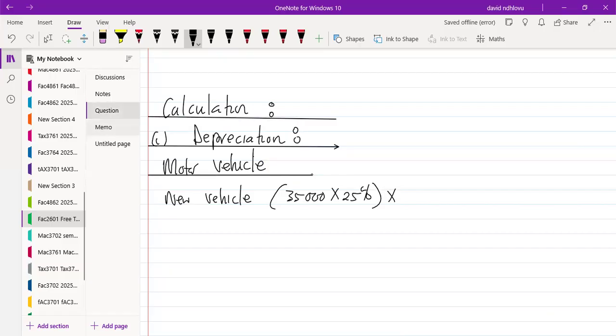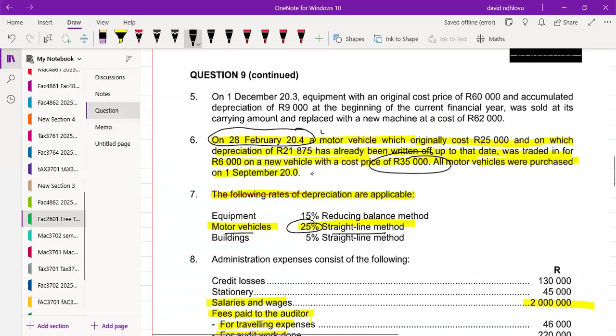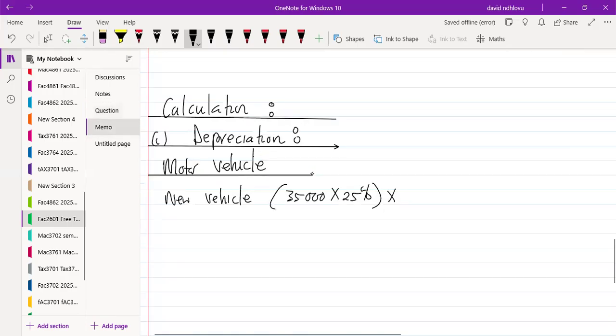This particular vehicle was acquired on 28th February, and our year ended in August. So we say March, April, May, June, July, August. The asset was only used for 6 months in the current year. 35,000 times 0.25 divided by 2 gives us 4,375. Any questions, good people, on that calculation? Are we clear?